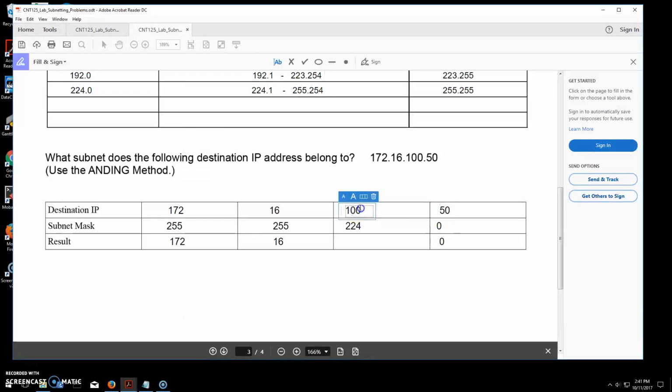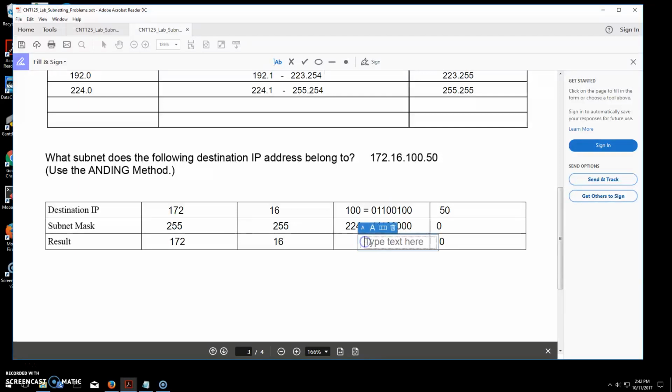So if I take 100, convert it over to binary, 01100100, and I convert 224 now. So we do 11100000. If I take a look, I'm going to AND together 0 and 1. That's going to be 0. 1 and 1 is 1. 1 and 1 is 1. And the rest are zeros.